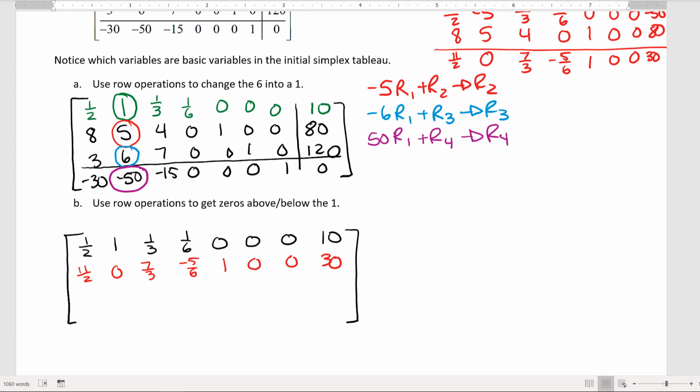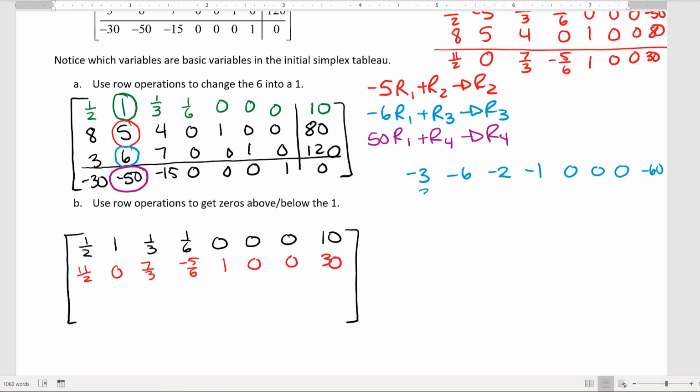The next one in blue, negative 6 times row 1, so negative 6 times a half is negative 3. Negative 6 times 1 is negative 6. Negative 6 times 1/3 is negative 2. Negative 6 times 1/6 is negative 1. 0 times anything is 0, 0, 0. 10 times negative 6 is negative 60.